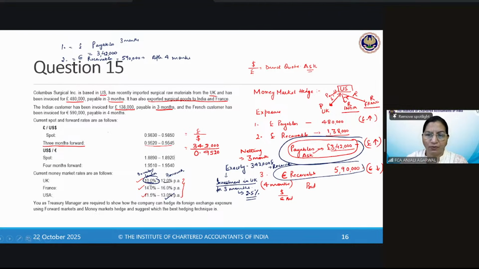But we don't have these many pounds. So we will get these pounds by exchanging with dollars today. What is the exchange rate? It is 342,000 divided by 1.025 divided by 0.9830. So you will borrow these many dollars from the US market at 13%. The US market will give you 13% borrowing rates for 3 months.